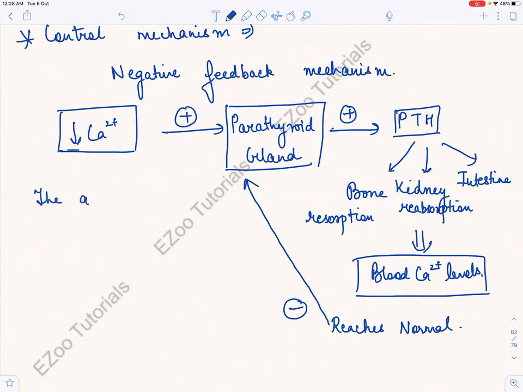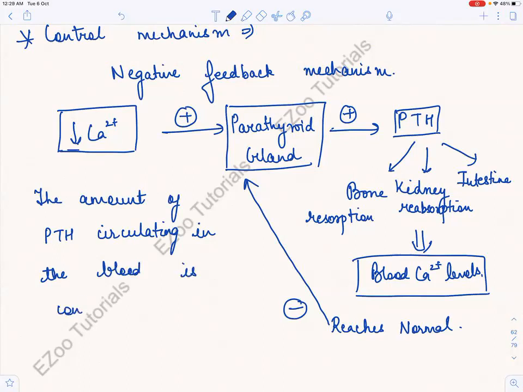So the amount of PTH circulating in the blood is controlled by the negative feedback mechanism, and we understood how. This is all about parathormone.